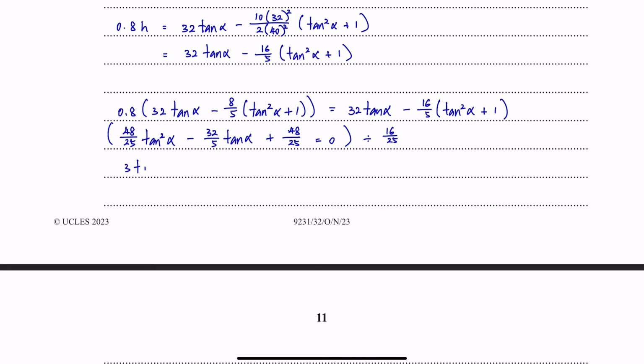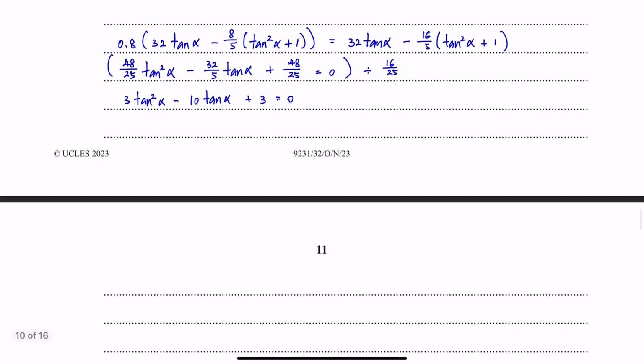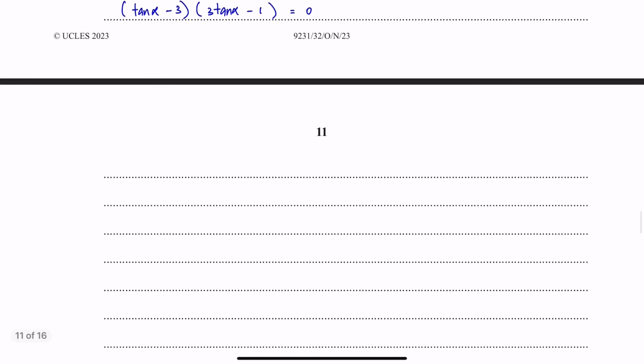So we would get 3 tangent squared alpha minus 10 tangent alpha plus 3 equals 0. And to factorize this, we would get tangent minus 3 and 3 tangent minus 1. So tangent can now be either 3 or 1 over 3.